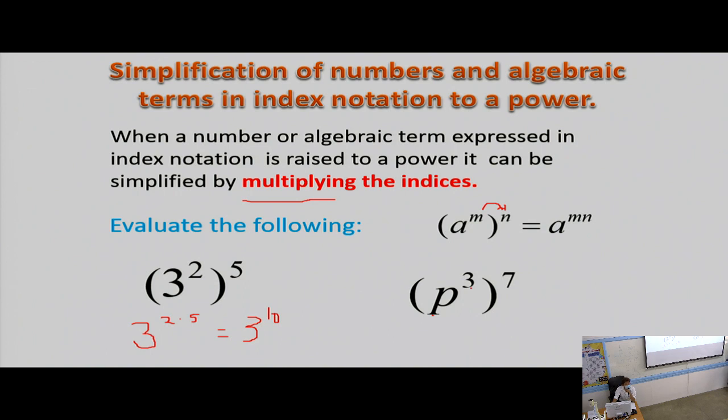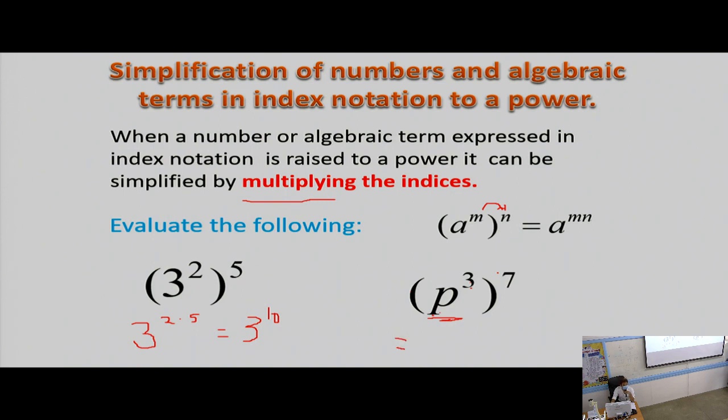P to the power of 3 to the power of 7. Okay, so we have here p to the power of 3 to the power of 7.